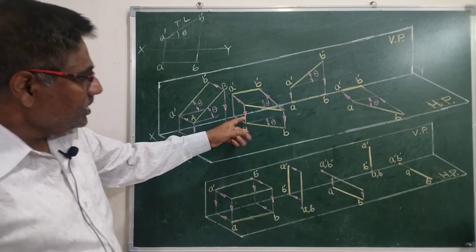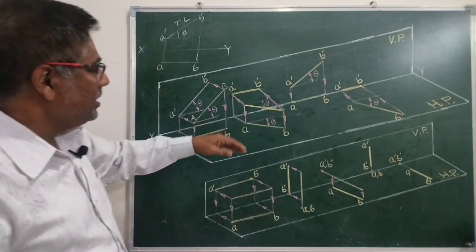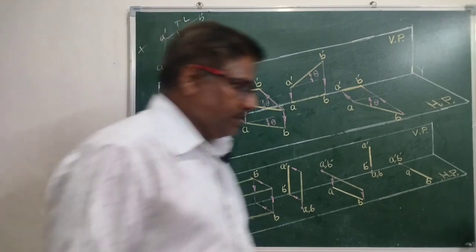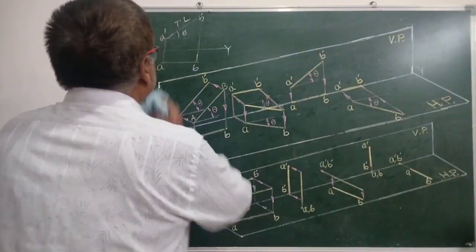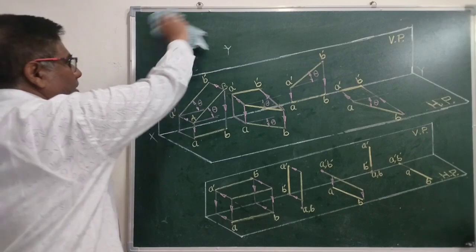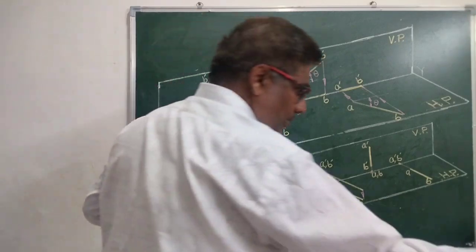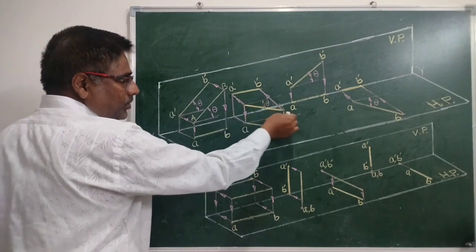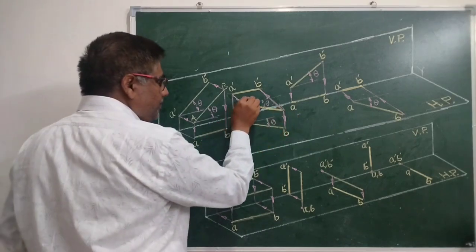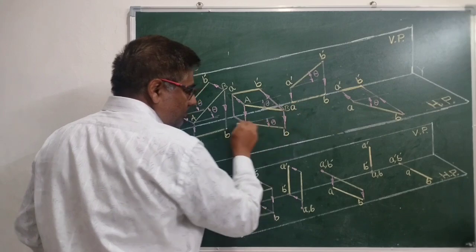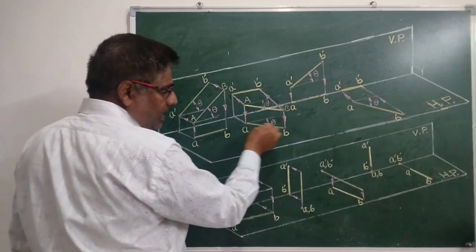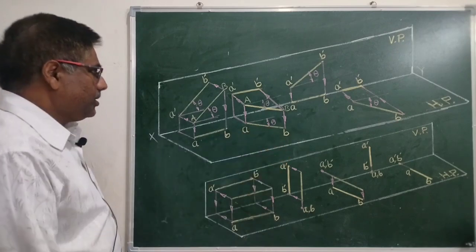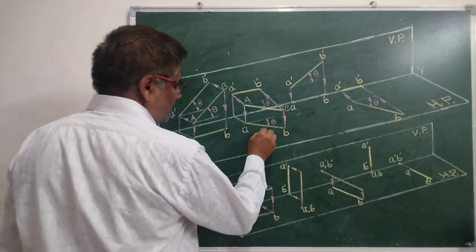The second case is line parallel to horizontal plane and inclined to vertical plane. In this case, how to draw the projections? To draw its top view, we are supposed to project the endpoints of line AB on horizontal plane such that we will get points A and B, and this AB will give top view with true length.